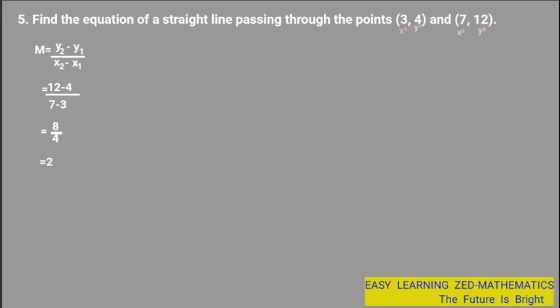The formula for the equation of a straight line is y is equal to mx plus b, where m is the gradient and b is the intercept where the line crosses the y-axis. So now let's see what we have. We have got the gradient, which is 2.